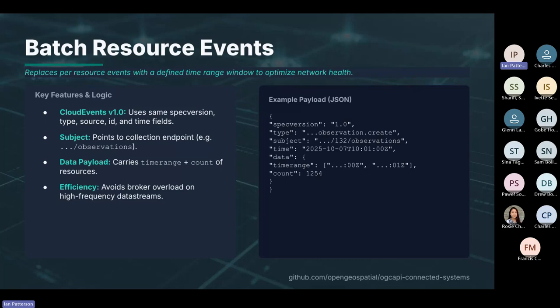So batch resource events, again, share all the fields that a regular resource event does. However, you'll notice there is a time range and a count. This is mainly because we were concerned with potentially overwhelming a network with too many published events at once.